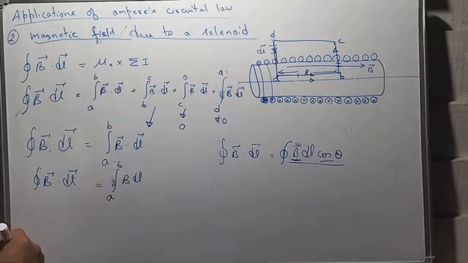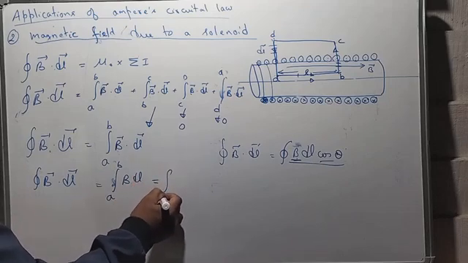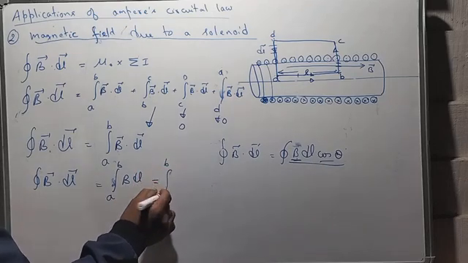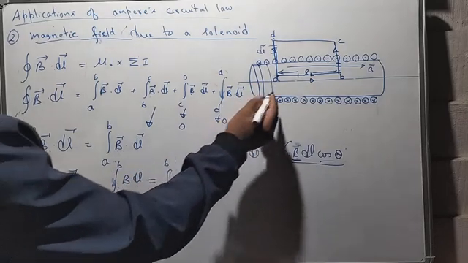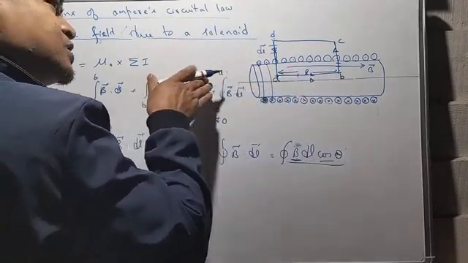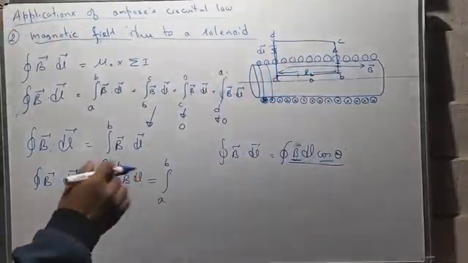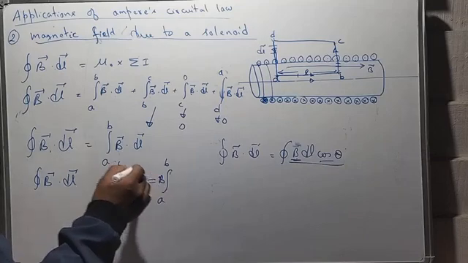Again, if you further extend this, I will write the integration from A to B. Because this magnetic field B along the path AB is inside the solenoid, what happens to the magnetic field inside the solenoid? The magnetic field is uniform.